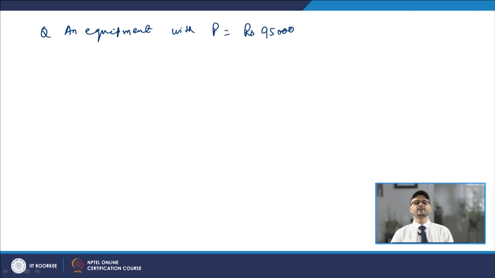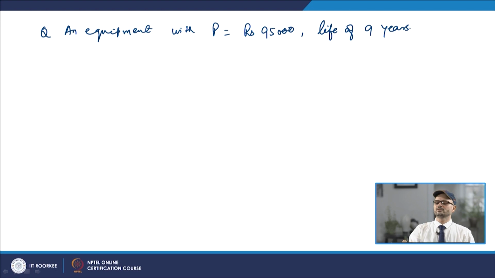Coming to the first problem, suppose you have an equipment and it has a first cost of 95,000 rupees, denoted by P, and it has a life of 9 years.